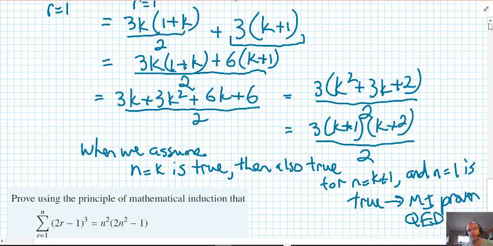Alright, so we've looked at sort of a mid-level one. Let's look at a more difficult one.